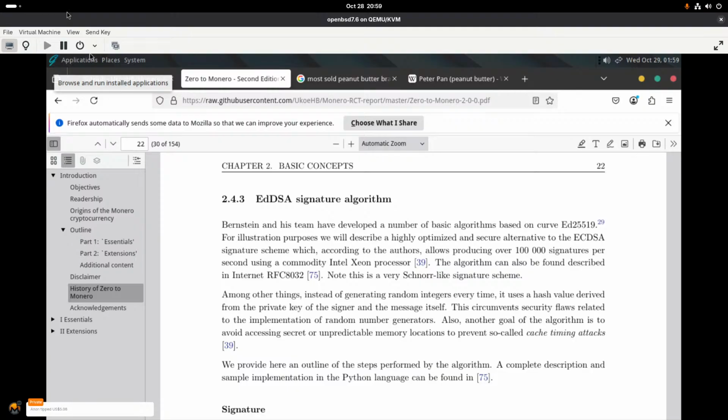Note this is a very Schnorr-like signature scheme. Among other things, instead of generating random integers every time, it uses a hash value derived from the private key of the signer and the message itself. This circumvents security flaws related to the implementation of random number generators. Also, another goal of the algorithm is to avoid accessing secret, unpredictable memory locations to prevent so-called cache timing attacks. Interesting.